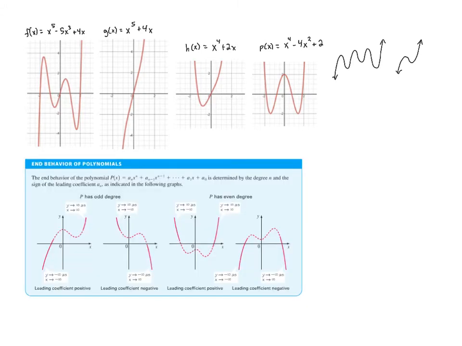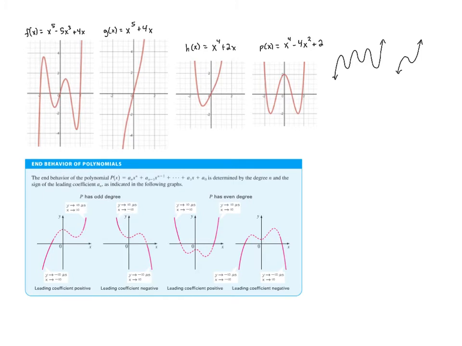The end behavior of the polynomial p of x equals a sub n x to the nth plus a sub n minus 1 x to the n minus first plus ... all the way down to a sub 1 x plus a sub 0, where all of these a's are coefficients, is determined by the degree n and the sign of the leading coefficient a sub n as indicated in the following graphs.